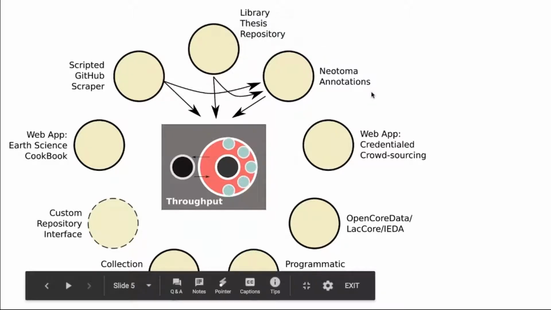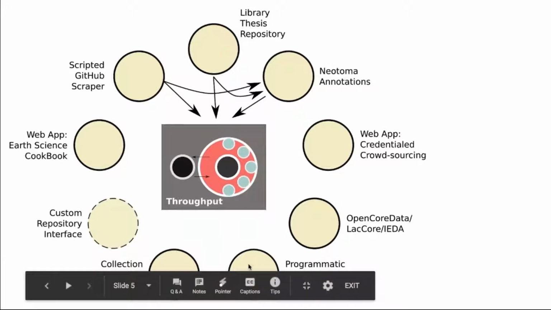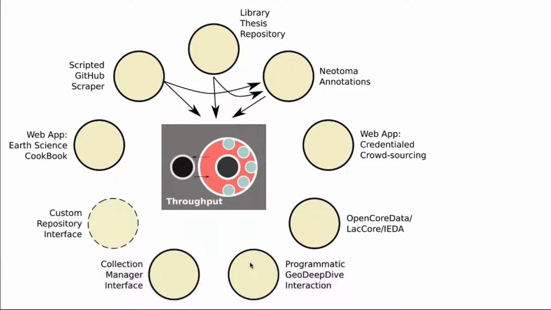And so you could potentially, maybe in Geo Deep Dive, they rescan things. Maybe they have better OCR technology. Maybe there's a new version of Tesseract that improves the OCR, improves the NLP status of the data in Geo Deep Dive.